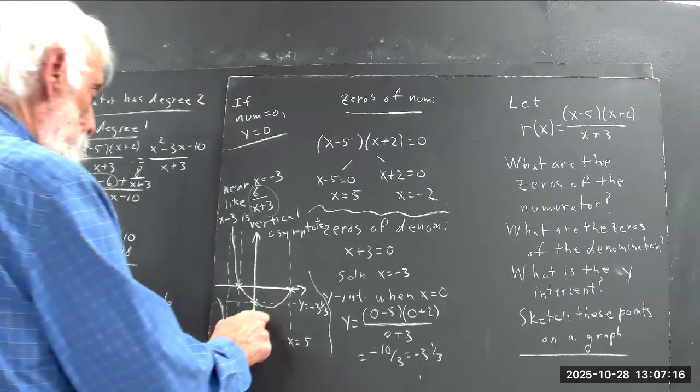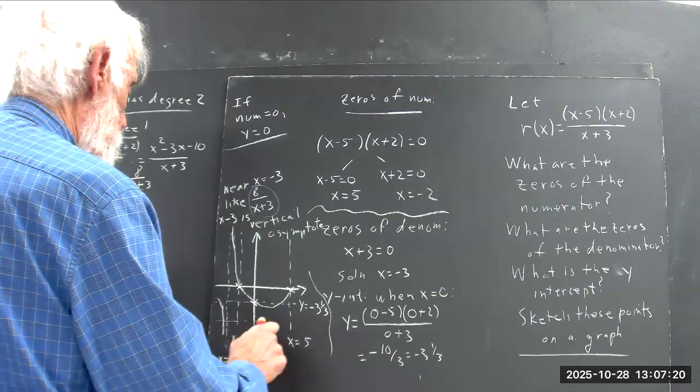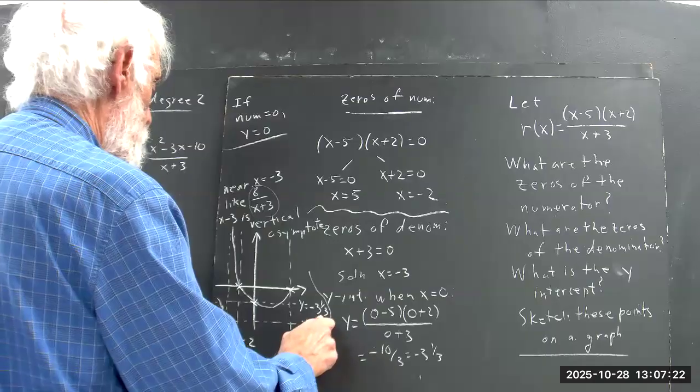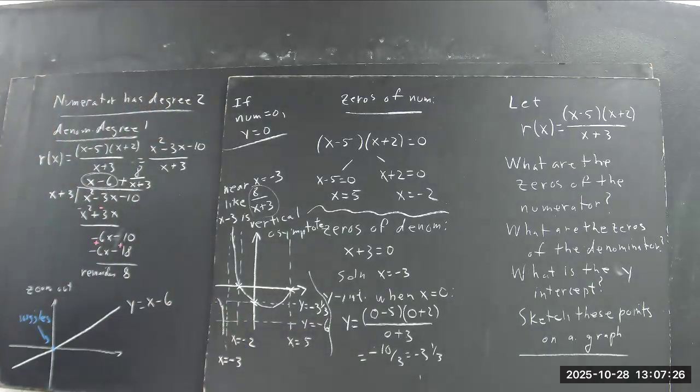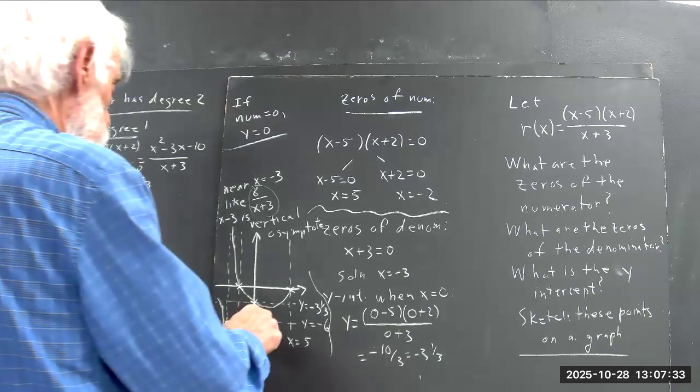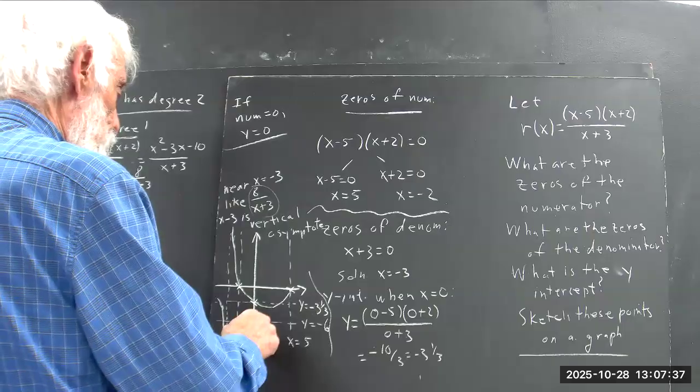Okay, so if negative 3 1/3 is here, y equals negative 6 would be about here, wouldn't it? Seem about right? Okay. And we have a slope of 1.